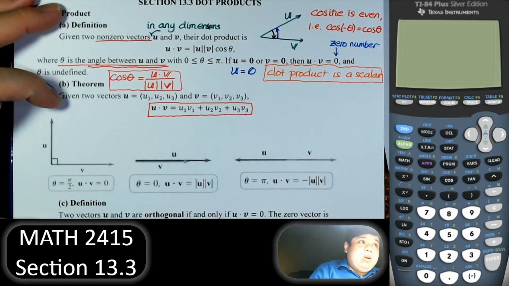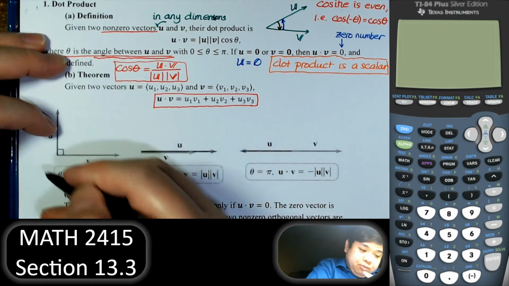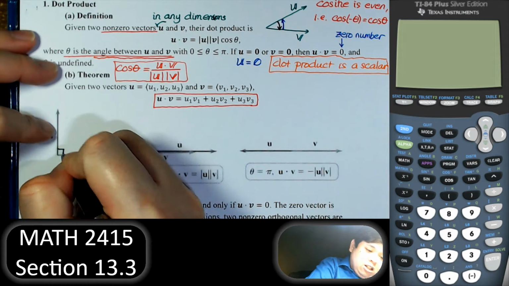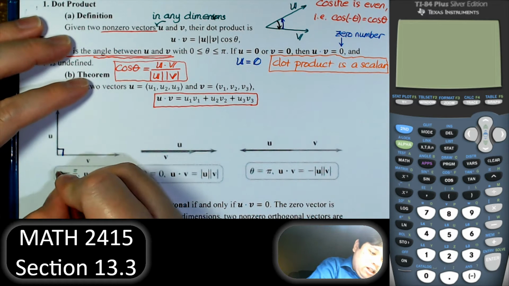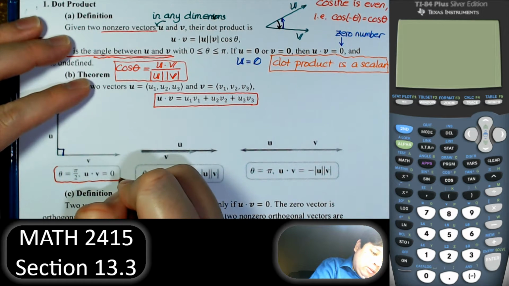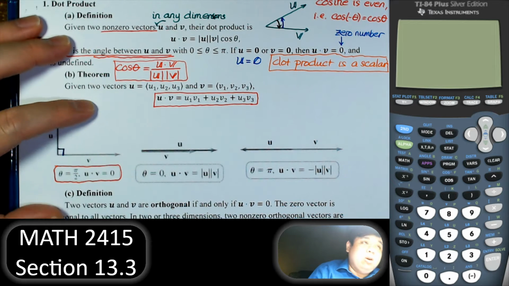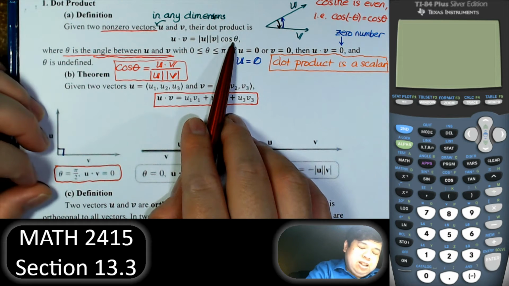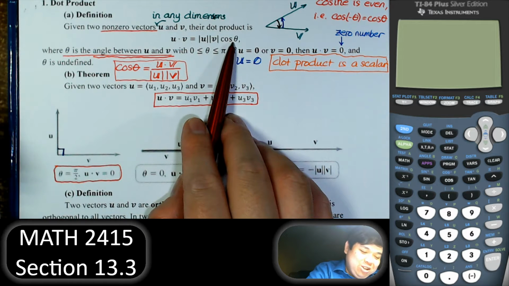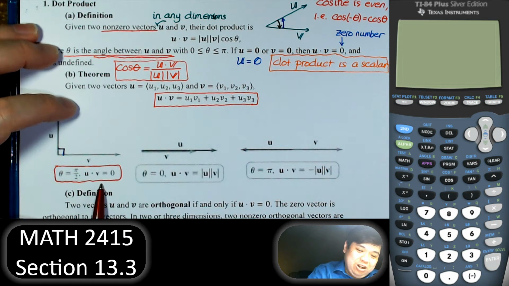So we have three scenarios here. When they have a 90 degree angle, the dot product is equal to 0, because cosine of 90 degrees is equal to 0.